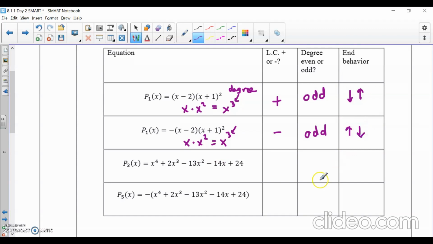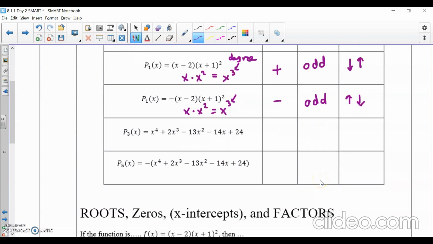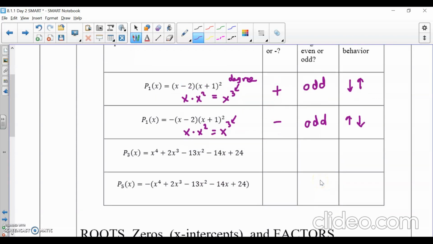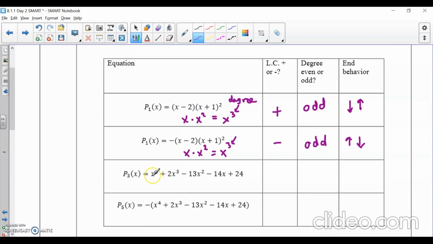Okay, moving on to the next one. Here it's in standard form now, so to change it up a little bit, the leading coefficient is the number attached to the term with the degree. So really for all of this, we're just going to be paying attention to this term. The leading coefficient is positive because there's no negative sign here.